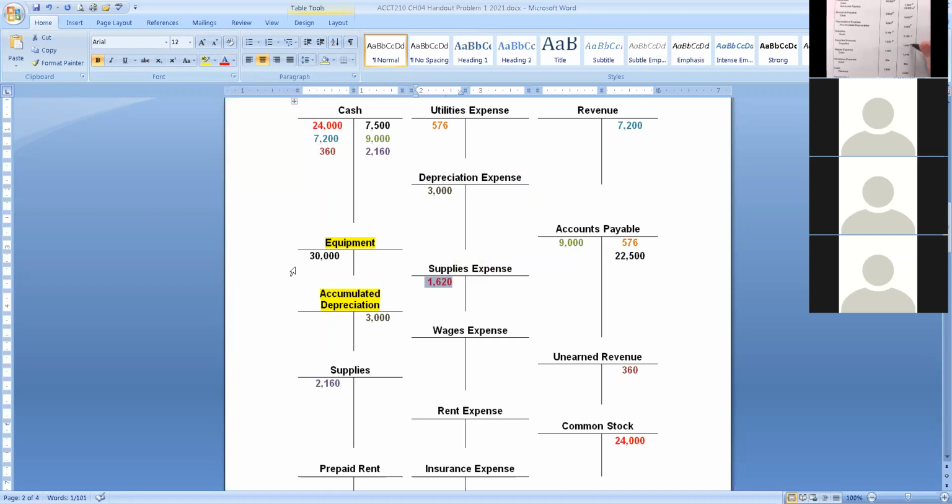And the supplies is 1,620. So what this is telling us is that they used 1,620 of the supplies. And when we get to the end here, we'll figure out how much is left in the supplies.